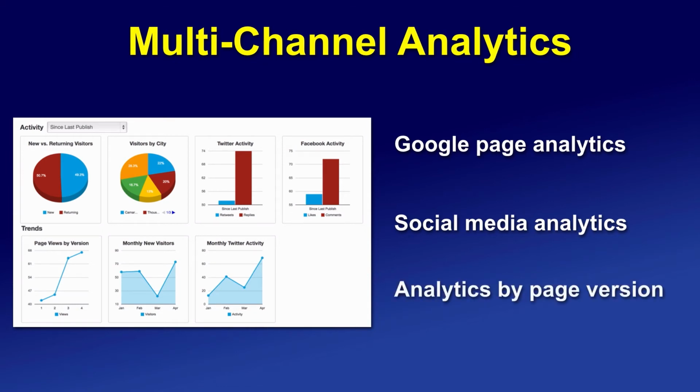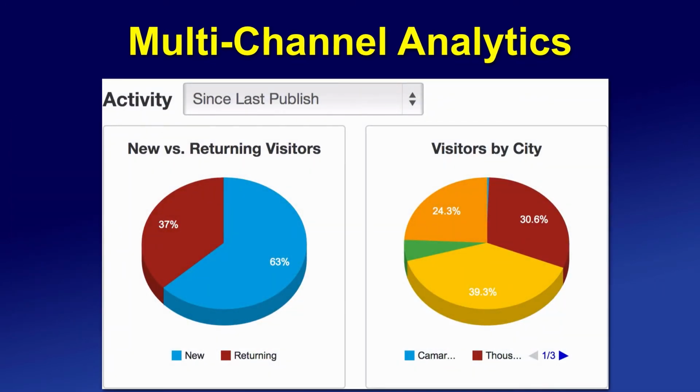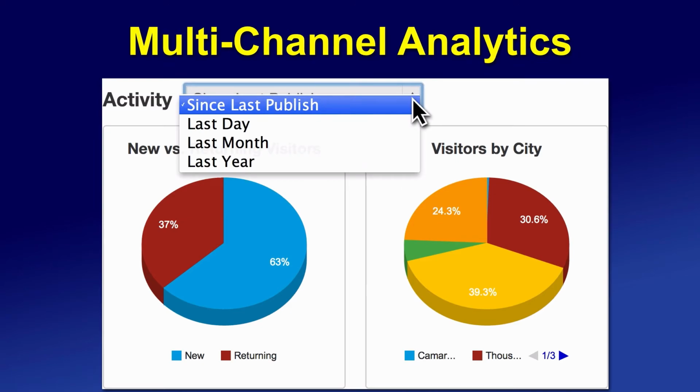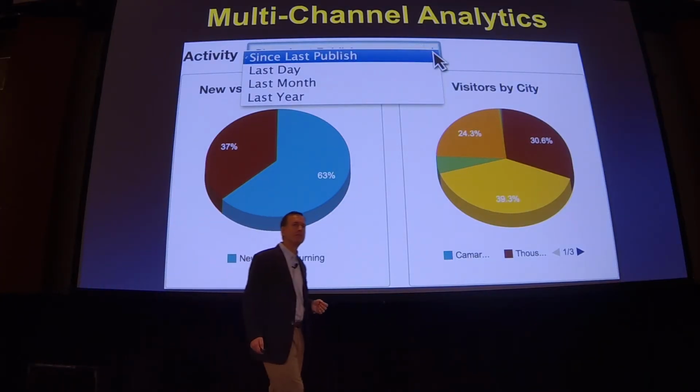And we've got analytics by page version, so you can see which page is performing best on Google Analytics. So for example, here we can see that the pages since the last publish, the CMS knows when that page was last published. So we can set that as a time parameter. And then you've got this drop down here to allow you to change that to last day, last month, last year, and other standard analytics as well.